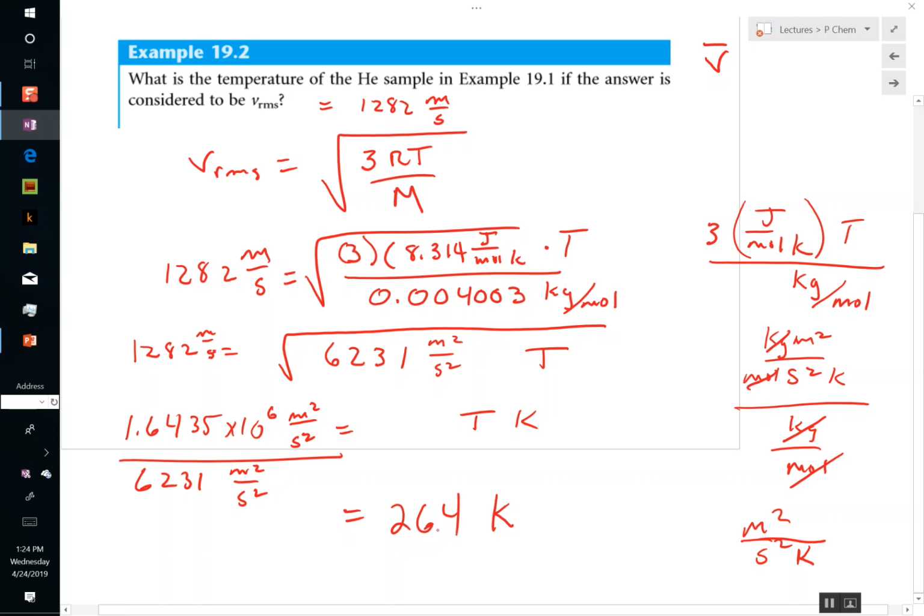What's the same here? Pressure. In 19.1 it was the same pressure and same volume. We got a different speed. So temperature is not dependent on the mass of the object.